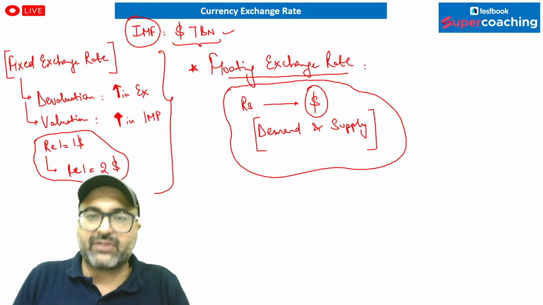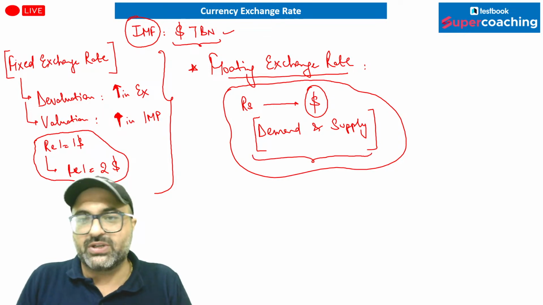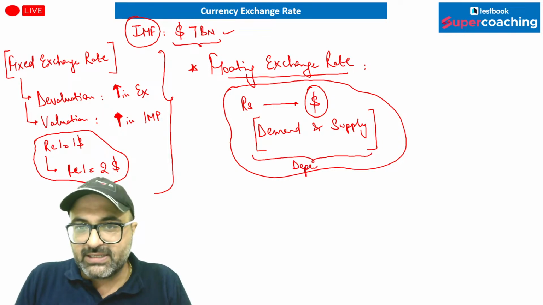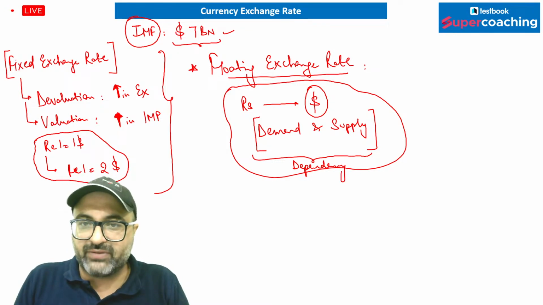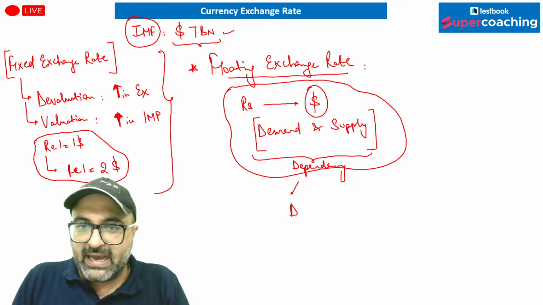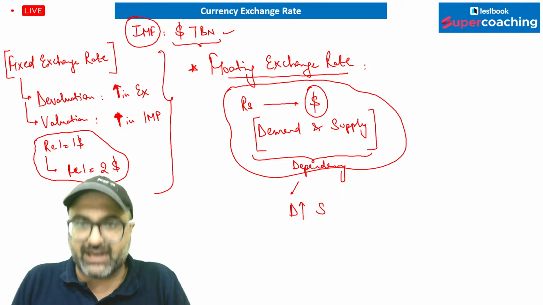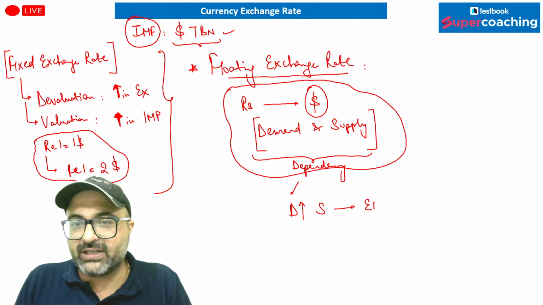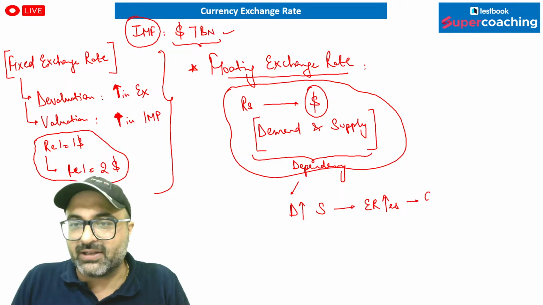They said that for countries like India, which has a huge dependency on the US dollar, the currency exchange rate will be decided on the basis of dependency only, which means whenever demand for the dollar increases with respect to the available supply of dollars in the country, then the exchange rate will increase. Exchange rate increases means the gap increases.